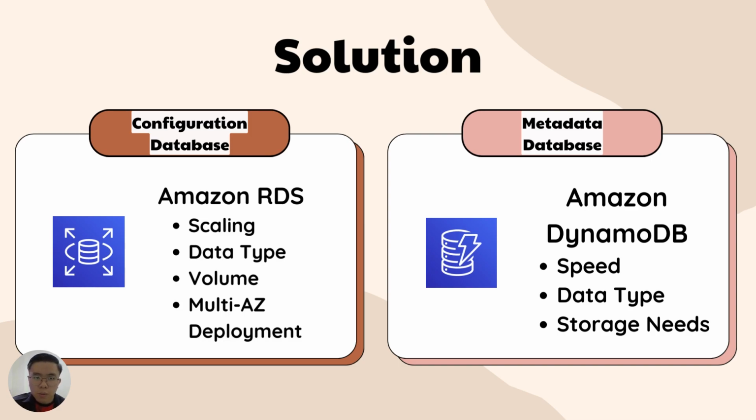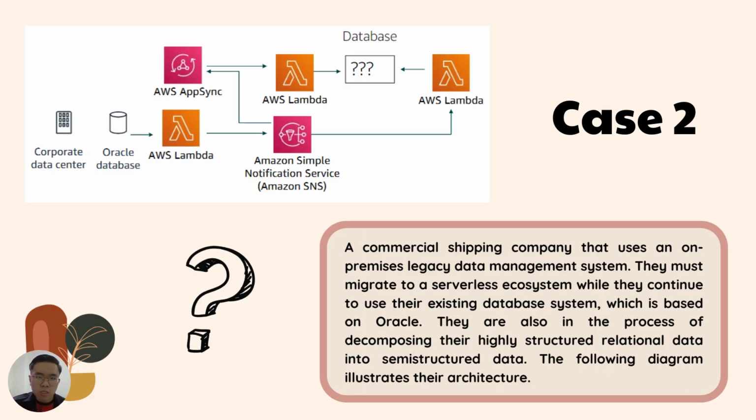I think Amazon DynamoDB is one of the best suggestions for the metadata database, and this is the solution that I made for the case one case study. And let us see the case two study.